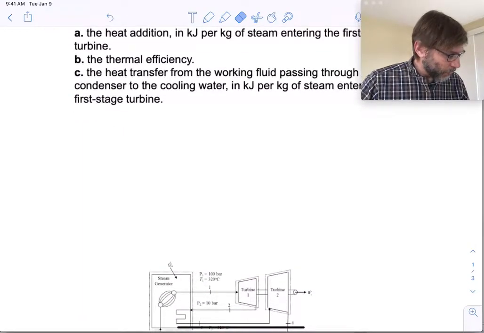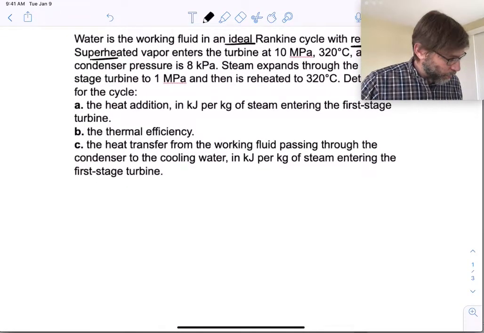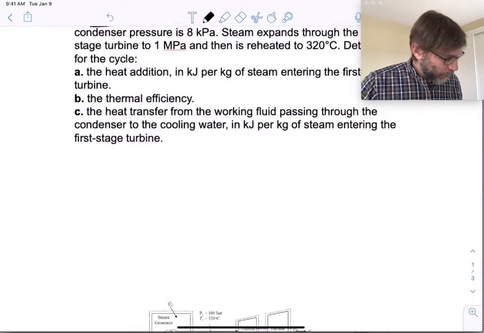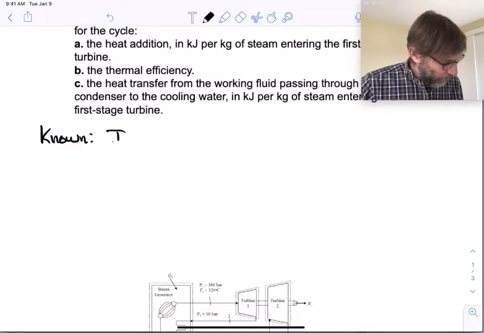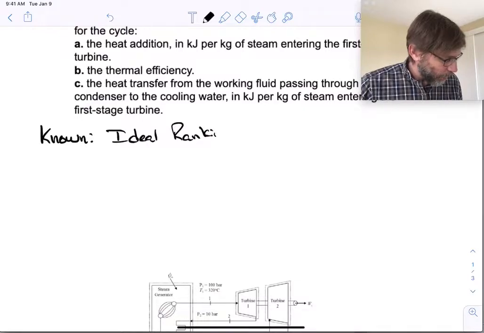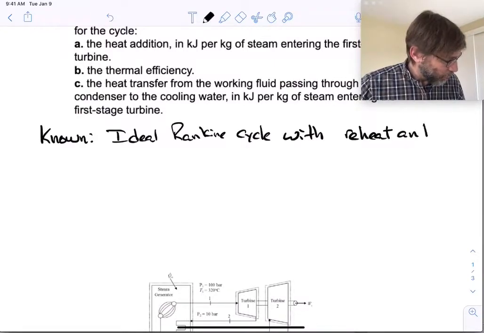All right, so let's go here. Known: water is the working fluid of an ideal Rankine cycle with reheat and superheat.